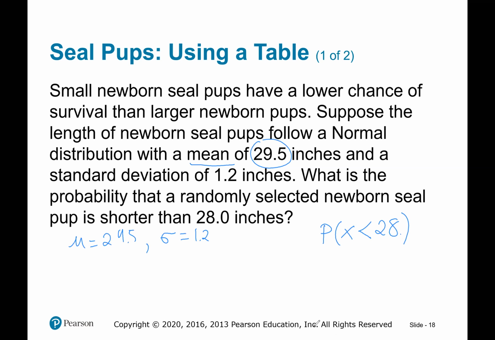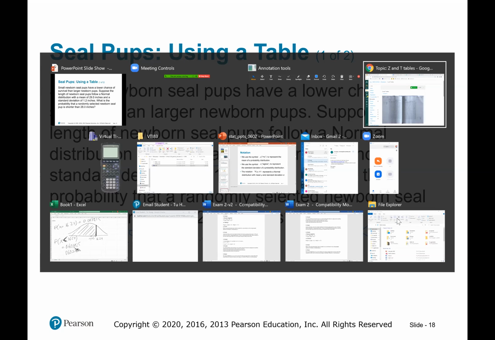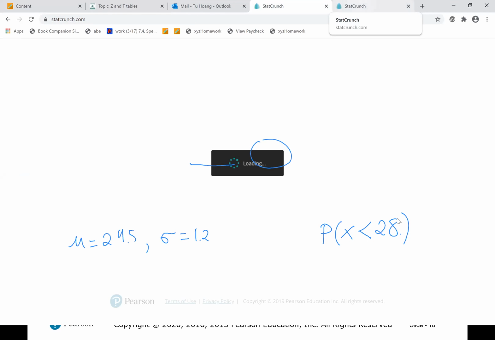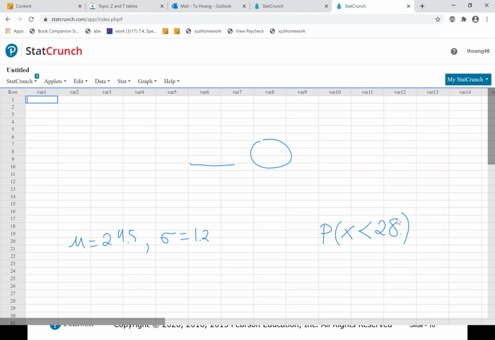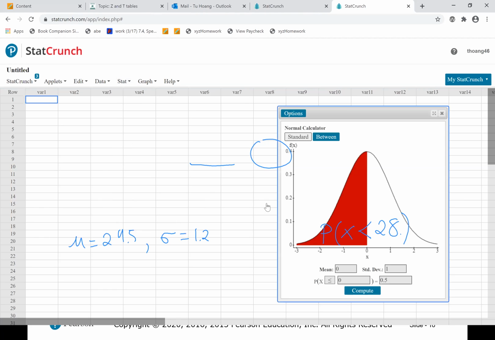Now in this case, what should you do? If you use StatCrunch, it should be pretty easy for this one. So let's move to StatCrunch. Over here, you just click on Stat, Calculator, and then Normal.